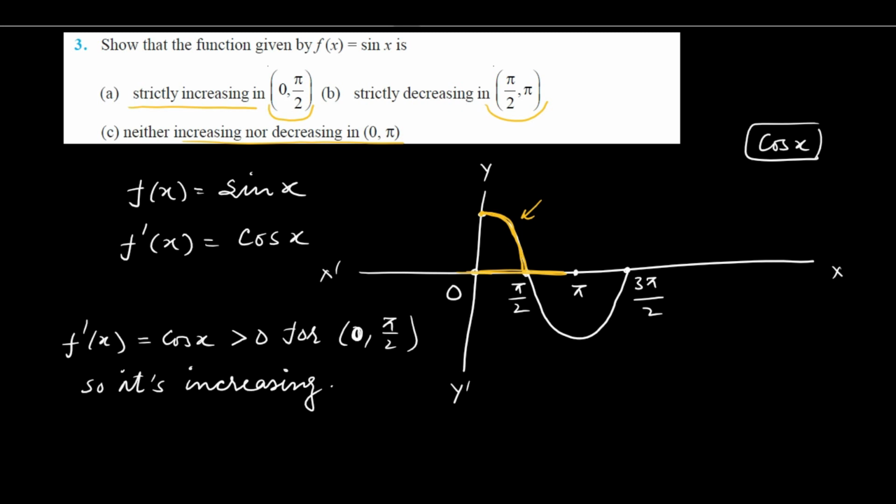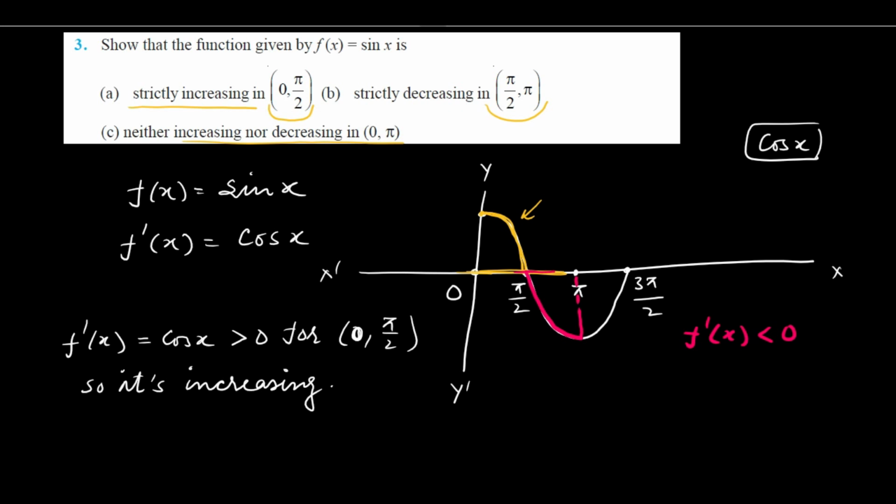Now consider pi by 2 to pi. If you see pi by 2 to pi, the value of the graph, f'(x), is less than 0. The value of the graph is negative, below the x-axis.